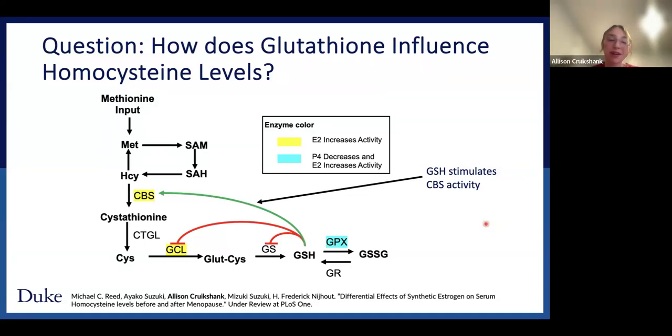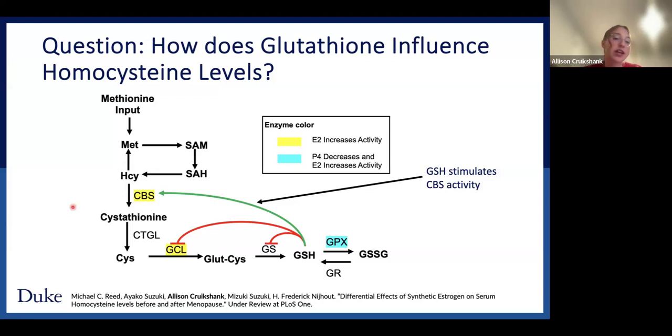So we are scouring literature looking for glutathione's effects on different enzymes in the one carbon metabolism pathway that might affect homocysteine levels, and we found that glutathione actually stimulates CBS.